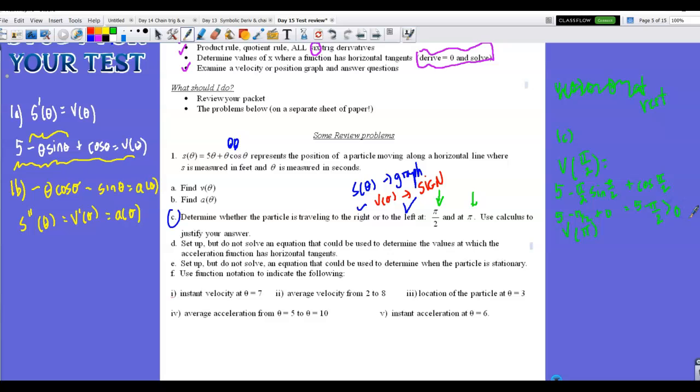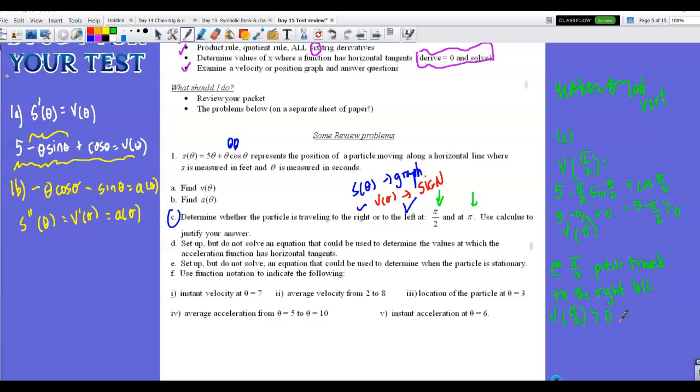So the particle is traveling at pi over 2, the particle travels, I would write a better sentence, I just don't have space, to the right, and the important thing I can tell you now for your test is tell me why. Because v, now watch very carefully, precise and specific, of pi over 2, not v of t, not v of theta, v of pi over 2, we're only going to speak specifically for this instant of time, is greater than 0.